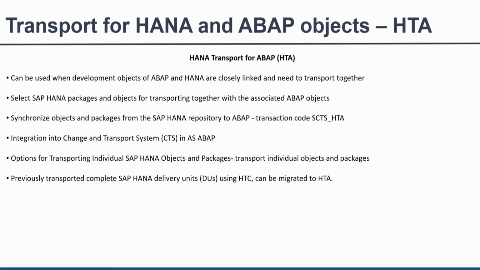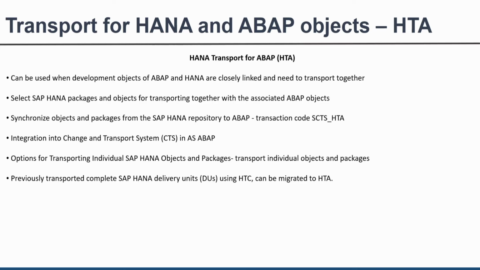So you get integration with CTS in AS ABAP, and options for transporting individual HANA objects and packages are also possible. You can select individual objects from your package, or from the HANA repository you can select your individual object and transport it.